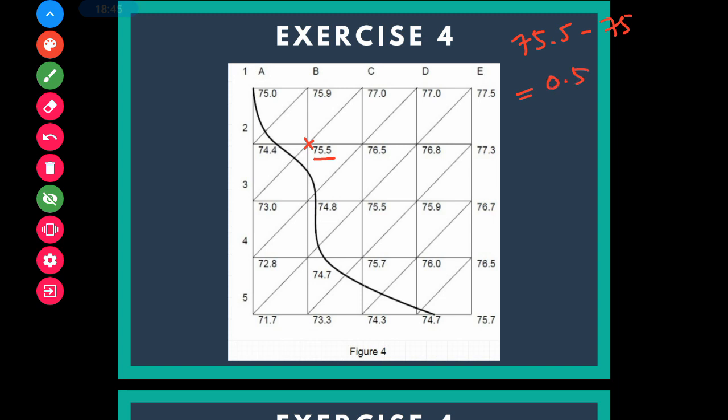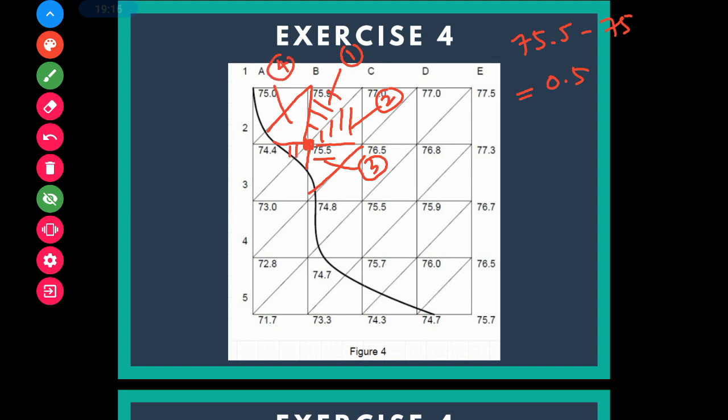Next, you determine the mode factor by counting the number of triangles that touch this point. First 1, and 2, 3, and 4.